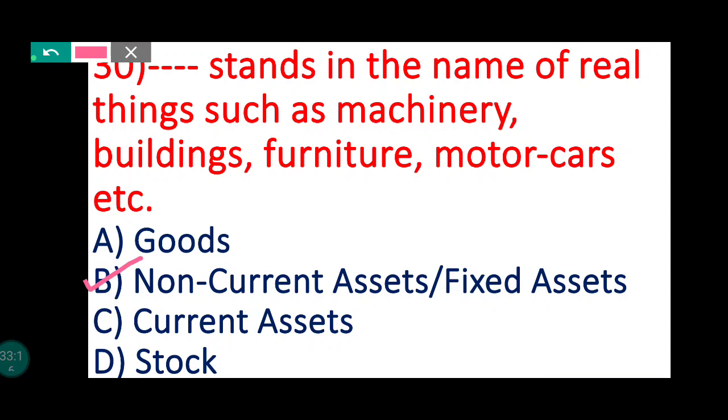Non-current assets are assets or possessions of long life, for example building, machinery, motor car, fixture, fittings. They can stay in the business for a long time, more than one accounting period, and they are not bought with the main purpose of resale. So they are real things like machinery, building, furniture.